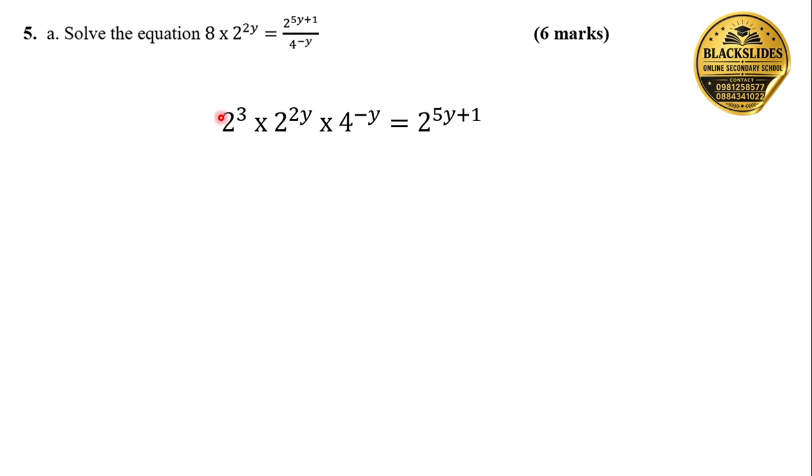So 8 is 2 to the 3 multiplied by 2 to the 2y. This one I just brought down here.